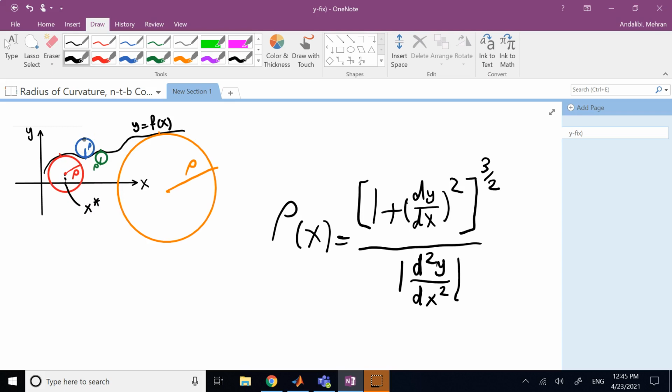So now I want to first demonstrate this formula and how to use it through one or two examples, and then I'll show you where it is that in dynamics and in real life we use this notion of radius of curvature.